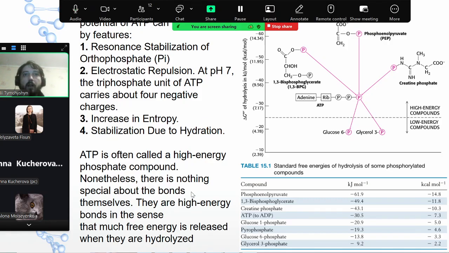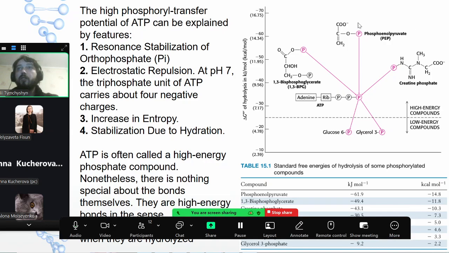Interesting thing: ATP is often called a high energy phosphate compound. Nonetheless, there is nothing special about the bonds themselves. They are high energy bonds in the sense that much free energy is released when they are hydrolyzed. Here are two schemes that show you where ATP is on the scale of energy, along with a few other molecules that may be used, for example, for storing energy.